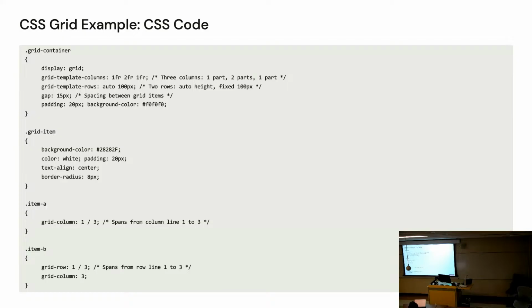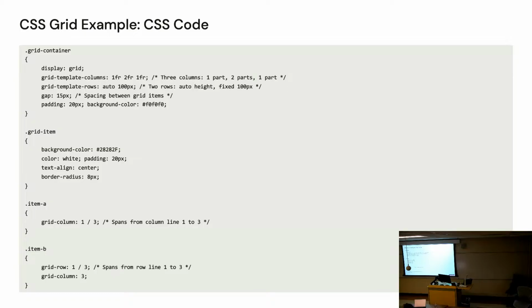Grid template rows, auto. Auto will basically mean it will adjust to what content is in that row. Let's pretend automatically the row is going to be like this, but it will adjust the more content we put in. It will start small. So let's say we put a picture. That's going to get confusing. Let me erase that. But let's say we put a picture. It will automatically adjust that size.